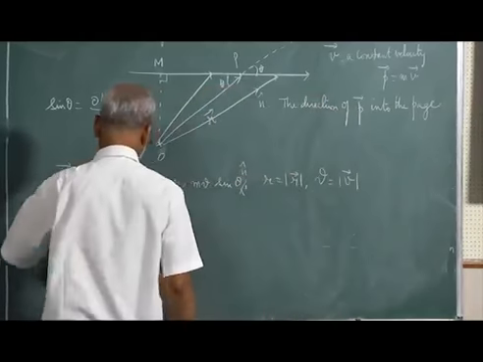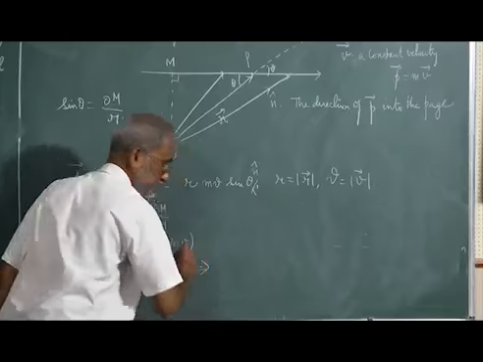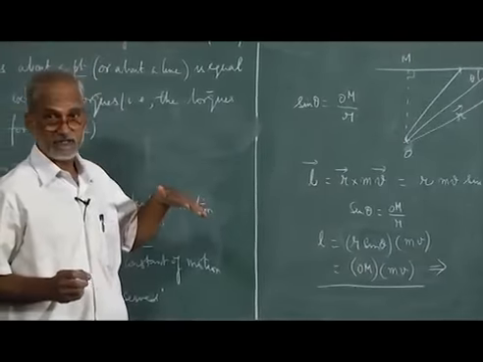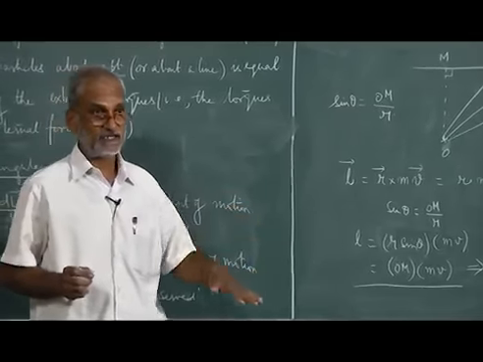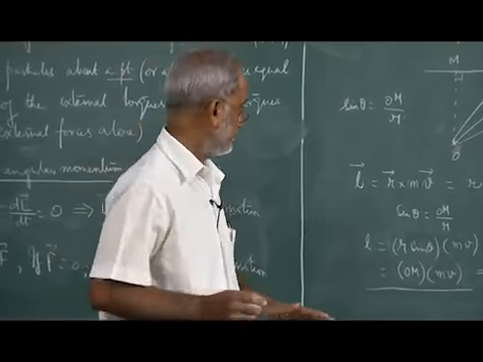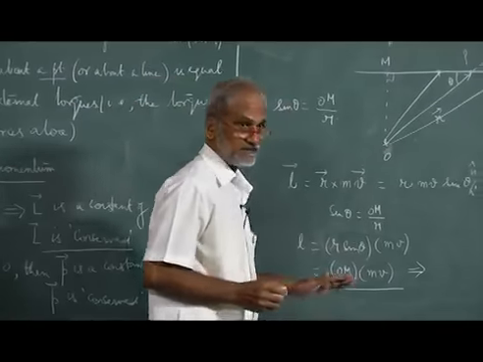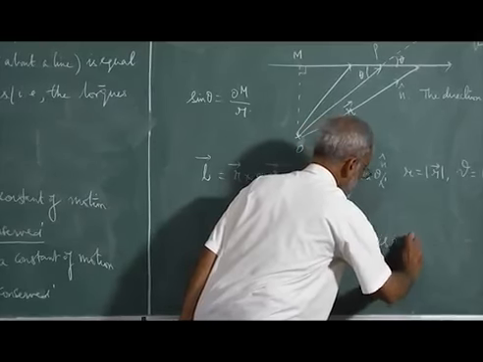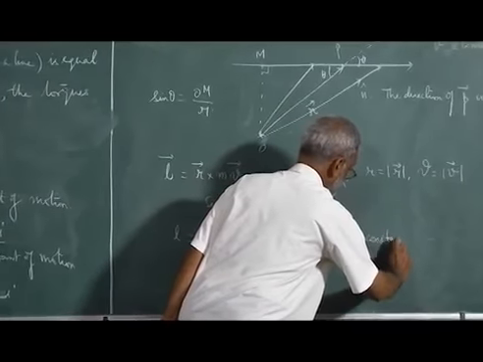Therefore, if a particle is moving with a constant velocity, then its orbital angular momentum with respect to an origin remains a constant of motion. So, L is a constant of motion.